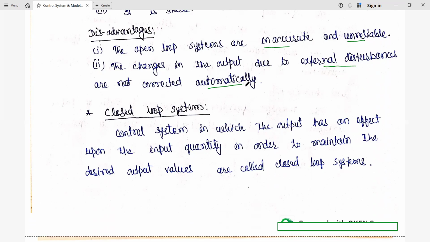Whatever external disturbance changes the output, we are not able to correct it automatically. Manual correction, or changing some parameters, we can do, but the output is not connected to the input, so automatic correction doesn't take place.